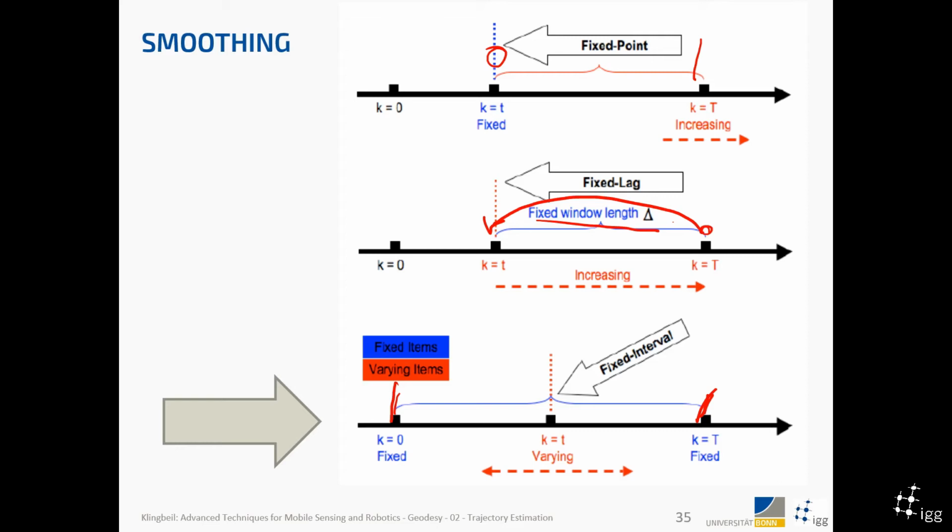I'm driving through the city from here to here, take all my GPS, inertial measurements, laser scanners, and so on, and then later in the post-processing step, calculate the best possible trajectory between here and here using all the measurements I have. So this is the one that we're interested in, and this is the main problem that we're trying to solve here.